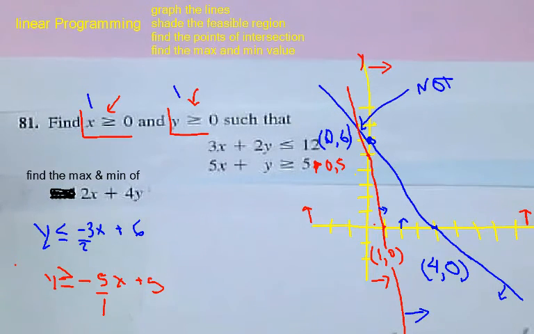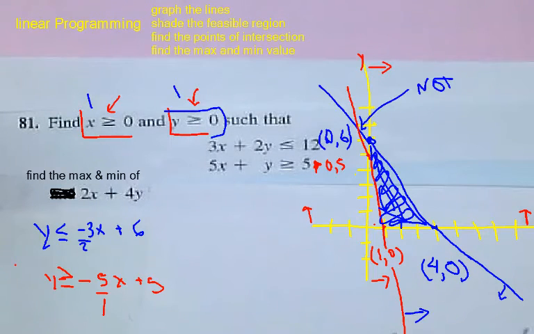So my actual region is everything in here. And that's all. There's nothing else. I don't go down here because it's supposed to be greater than y equals 0, so that's above the x-axis and to the right.